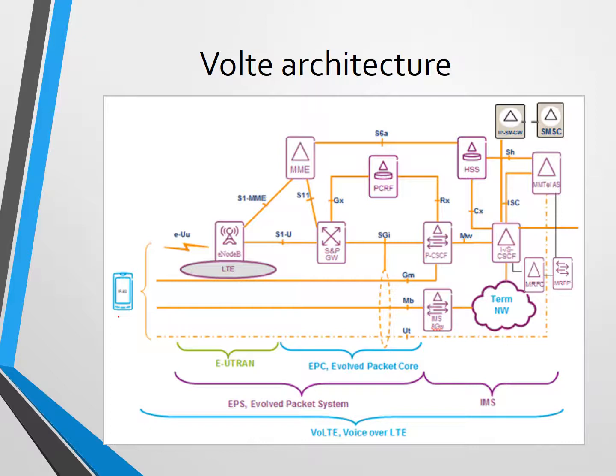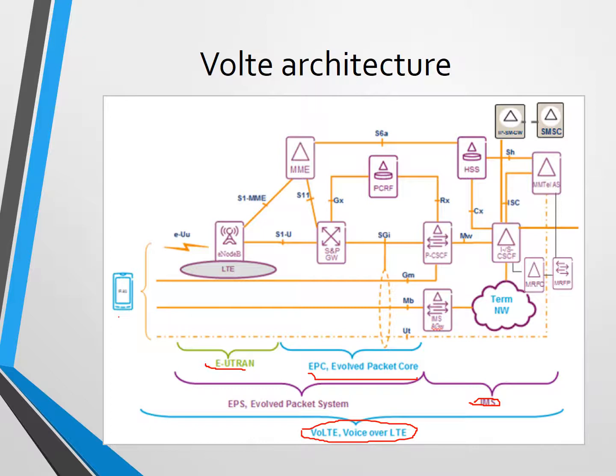In this complex architecture we can see that VoLTE is basically made up of E-UTRAN, then EPC, the evolved packet core, and the addition of IMS. By combining EPS and IMS, we get the complete VoLTE, voice over LTE, architecture.